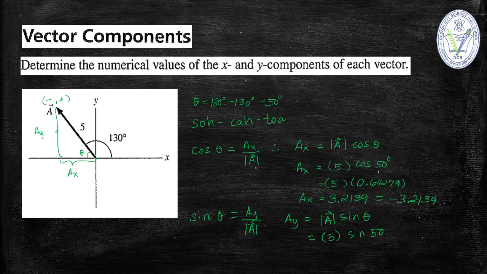What is sine 50? Sine 50 is equivalent to 0.7660.